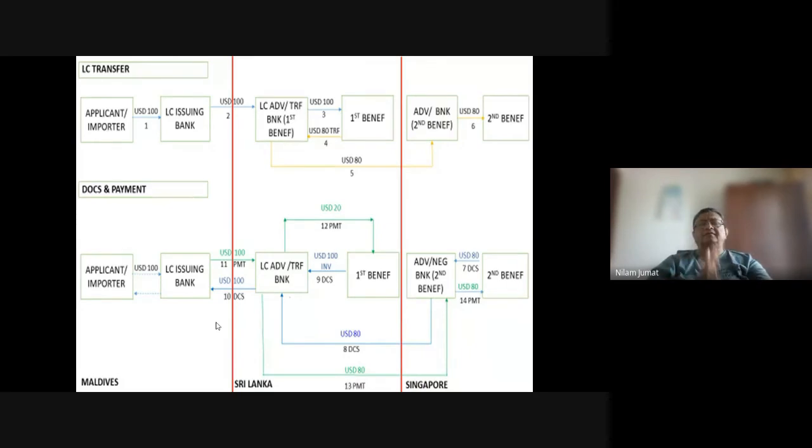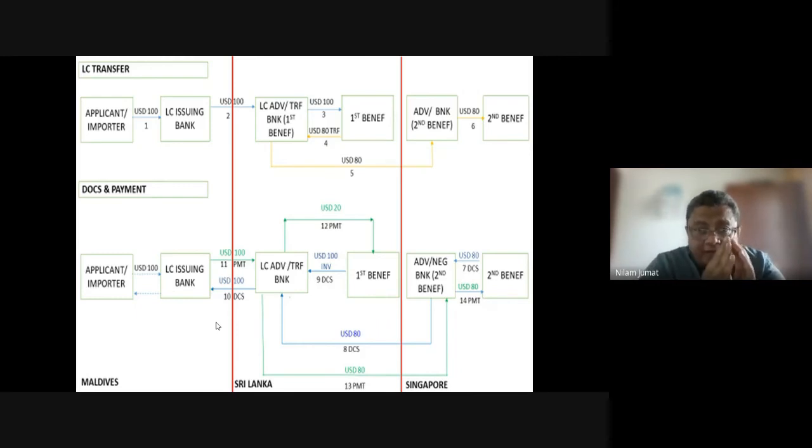say there is a buyer in Maldives. I'm going very slowly because since it's going on Zoom, I can't see your expressions. I trust you are all understanding clearly.